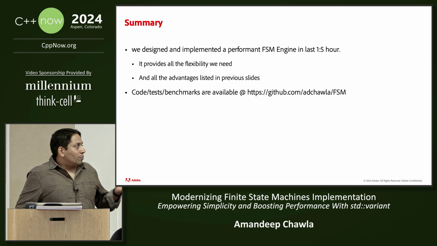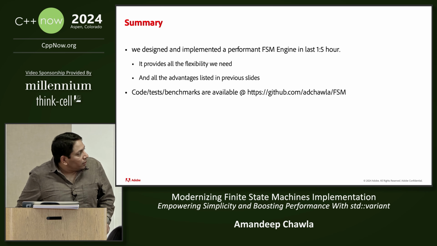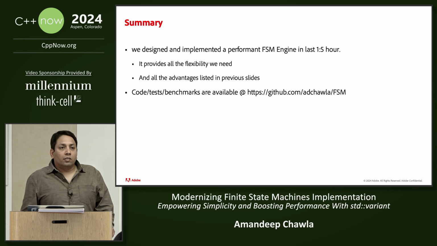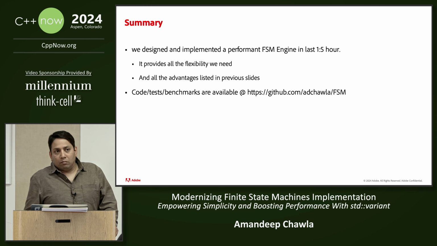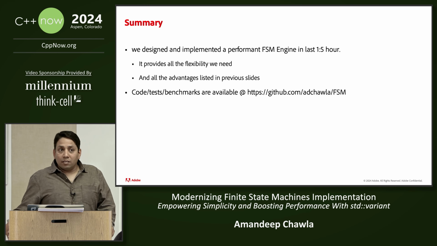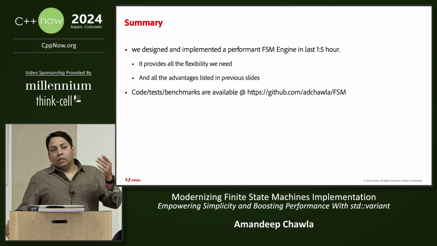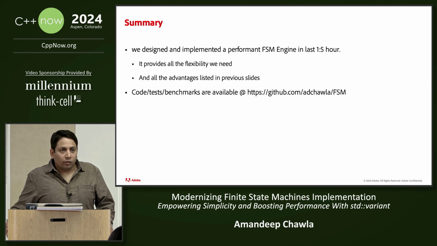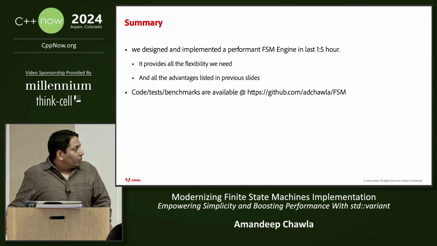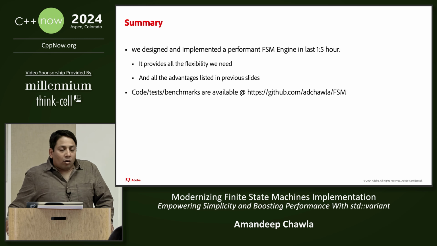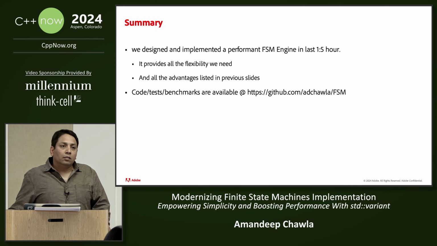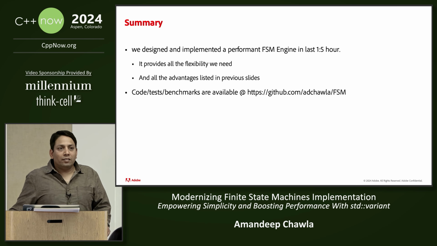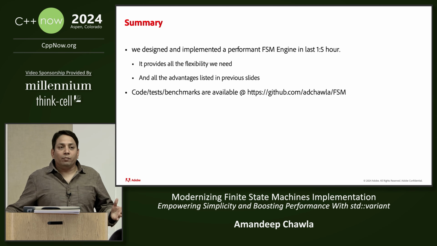All the code, tests, and benchmarks are available in this repository. There's an include folder which has all the templated classes. Tests have all the classes we defined for the turnstile example. Benchmarks test all three implementations. The only thing is I was a little lazy to update the README, but it is CMake based.